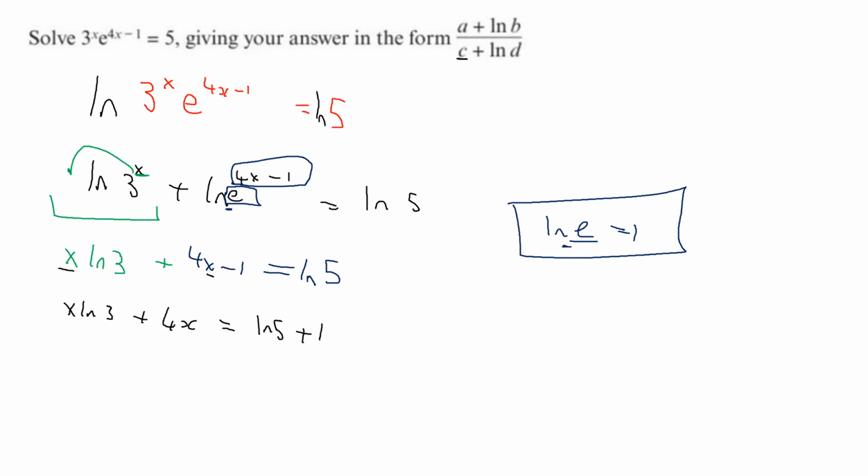So now we factorize to get x times (4 plus ln 3) is equal to 1 plus ln 5. And so x is equal to 1 plus ln 5 over 4 plus ln 3. It's exactly as I taught it in the previous class.